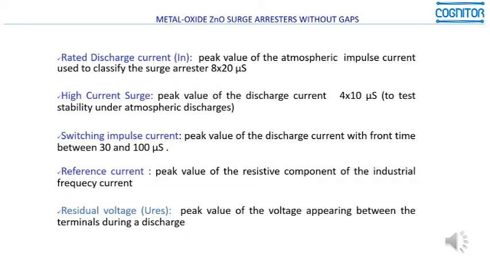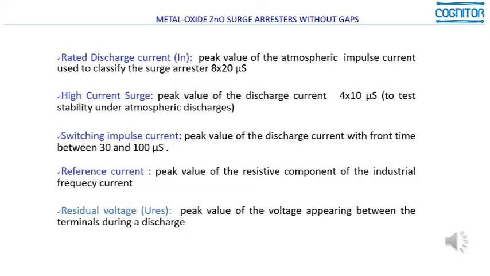This is the peak value of one atmospheric impulse current used to classify the surge arrestors, under one wave of 8 by 20 microseconds. Let's say this kind of wave will be the reference wave to be used along some of the tests. High current surge, then we have one discharge current of 4 by 10 microseconds.